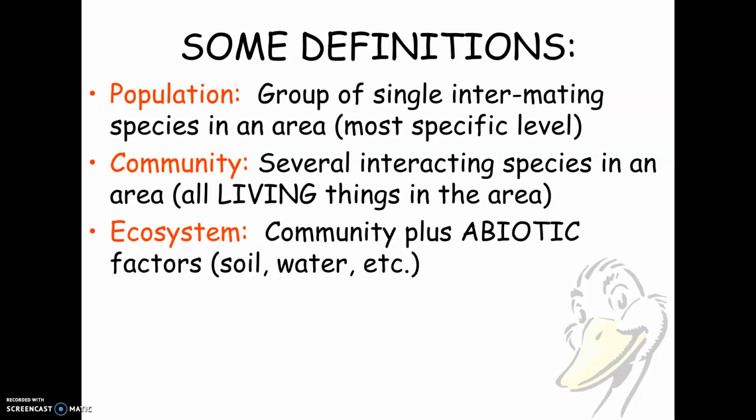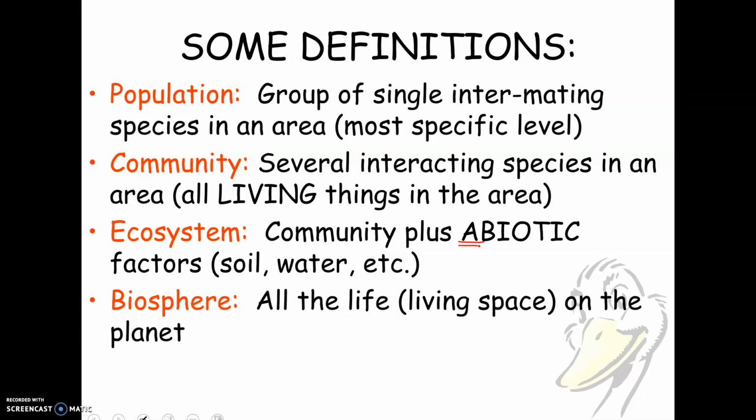So it's the same as the community, but now we're going to also include in that pond community the soil, the water, all the minerals, anything that's non-living, that's also part of that area. And putting the A in front here, abiotic, it means without, so non-living or without life.